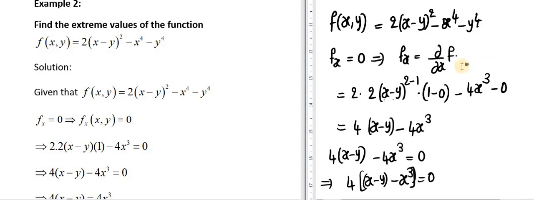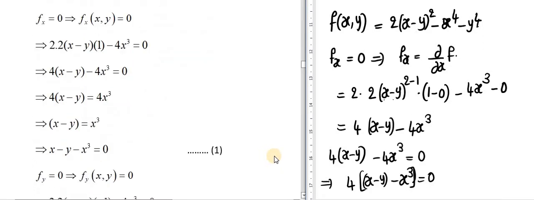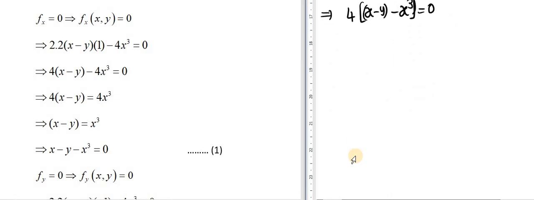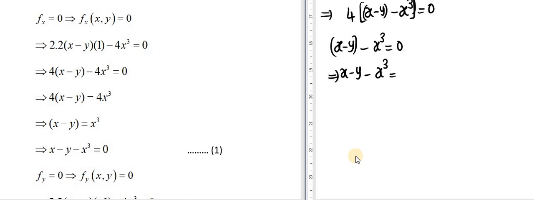So product equal to 0 means either first term equal to 0 or second term equal to 0. Here the first term is 4, 4 is not equal to 0. That's why x minus y minus x cube equal to 0. So again rewrite the equation: x minus y minus x cube equal to 0. Consider this as equation 1.